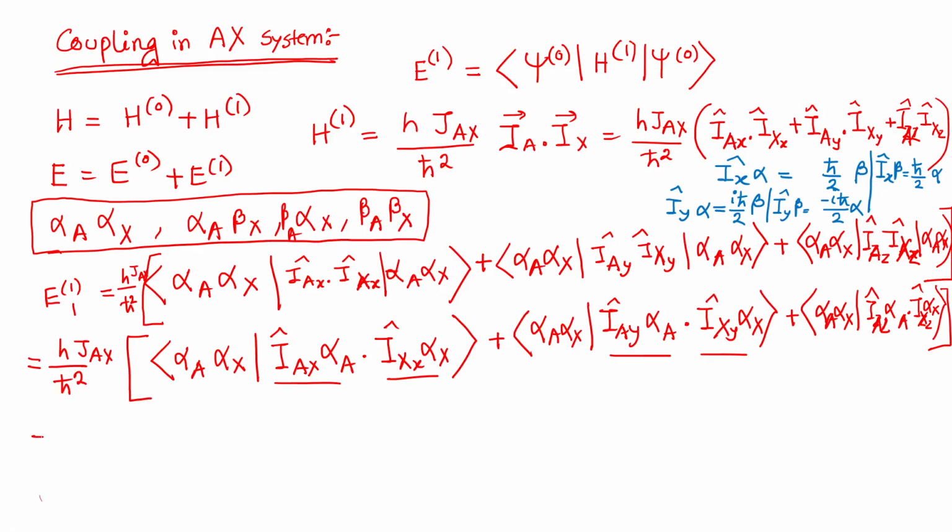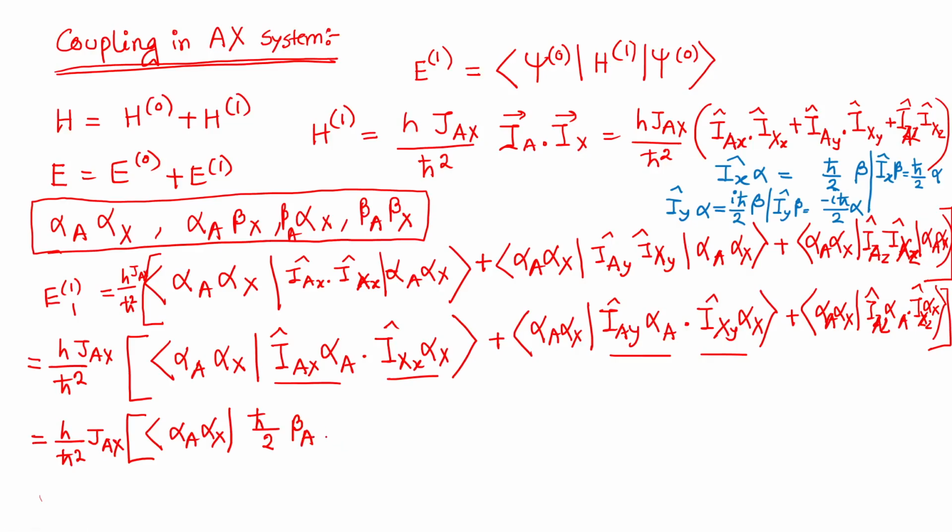So let us come back here. We got H by (H cut)^2 Jx, then alpha A, alpha X. So X is operating on alpha, and we are going to get H cut by 2 beta A, right?